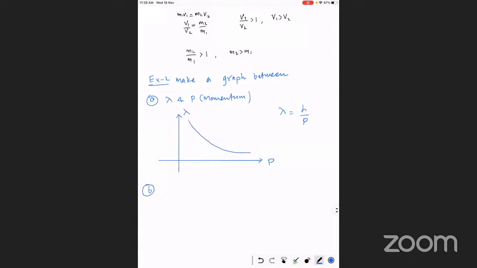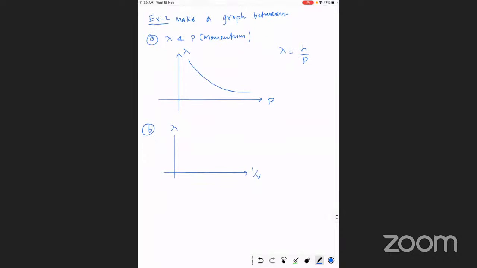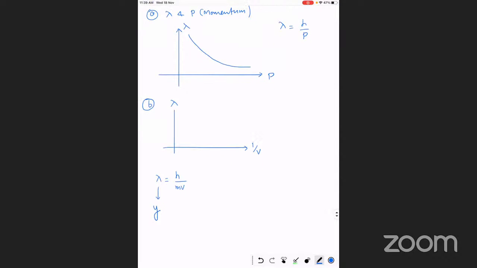Now make a graph between lambda and 1 upon velocity. What should be the nature of the graph? Straight line. Very good. See why? Because lambda is equal to h upon mv. In place of lambda, you can assume y, because you are keeping lambda on the y-axis.